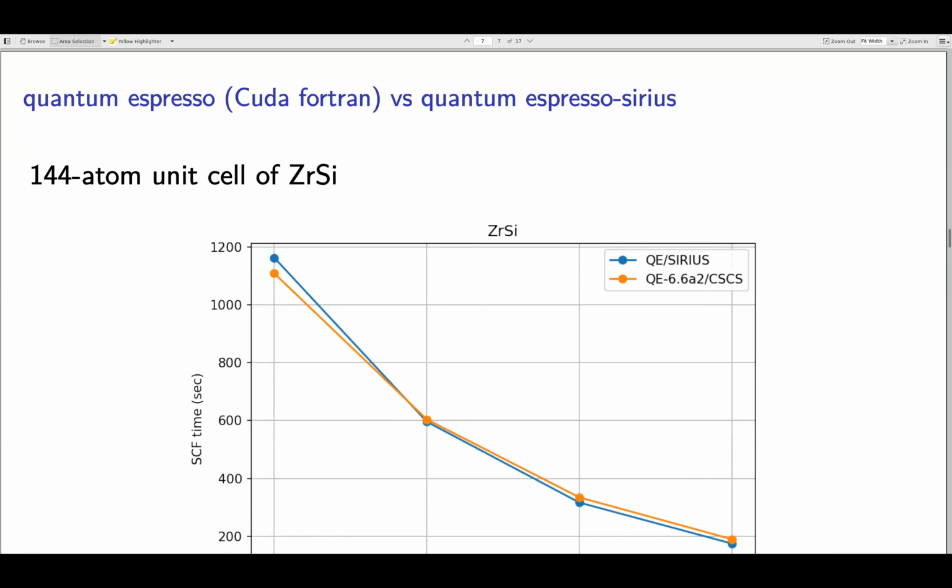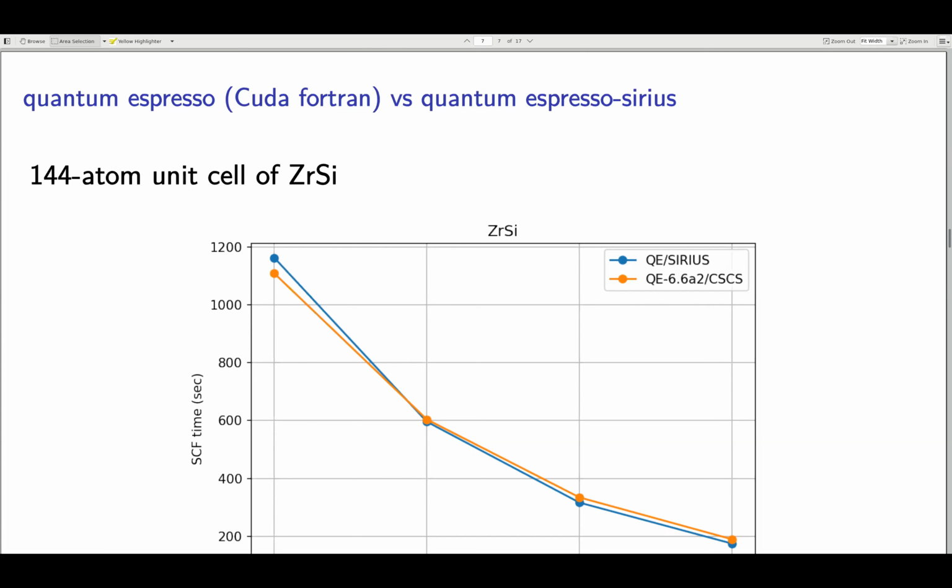So this is a graph showing a comparison between, in that case, Quantum Espresso with Sirius and the Quantum Espresso porting in CUDA Fortran. But we can reproduce the same type of simulation with CP2K, and we would get pretty much the same numbers.